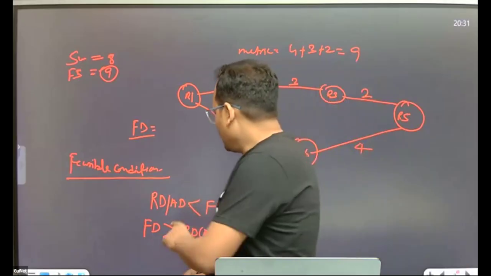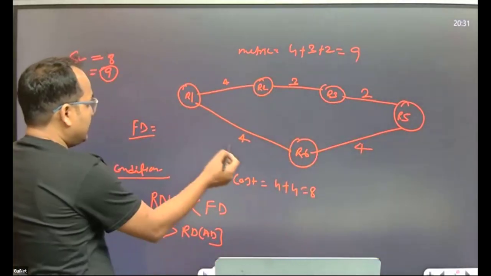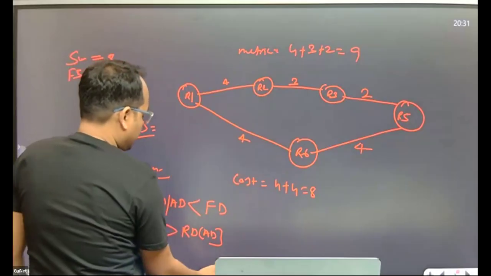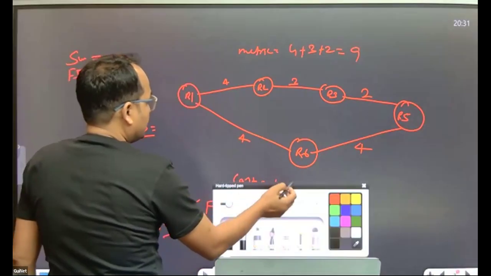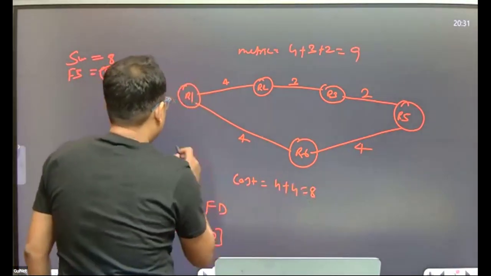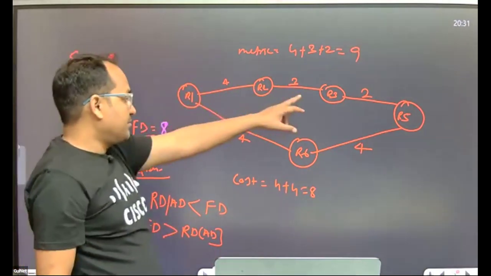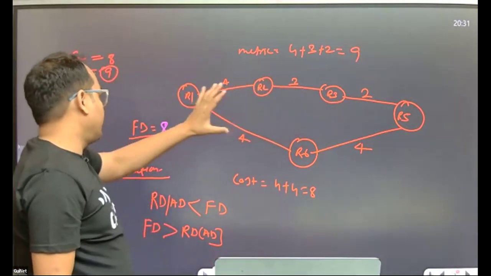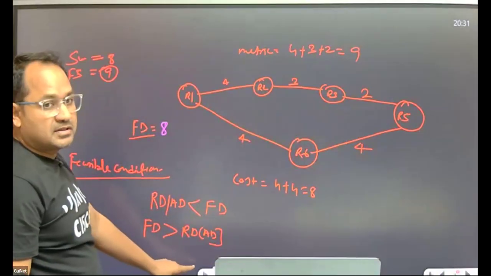Now, you guys know what my FD is. Feasible distance is going to be, let me use a different color, 8. But before this path becomes my backup feasible successor, it has to meet the feasible condition.